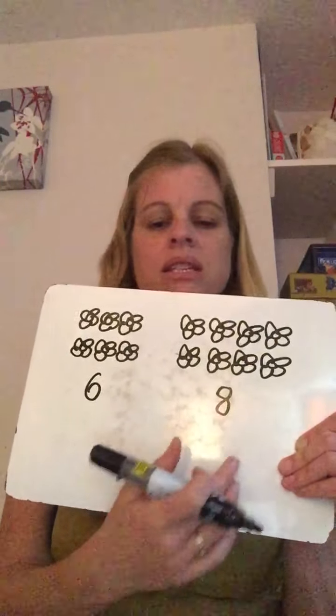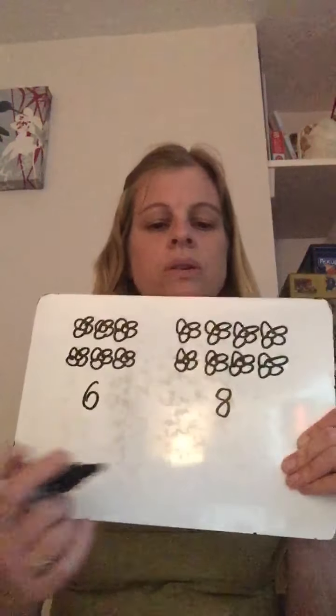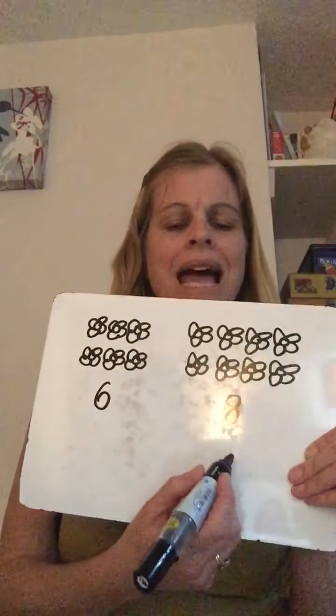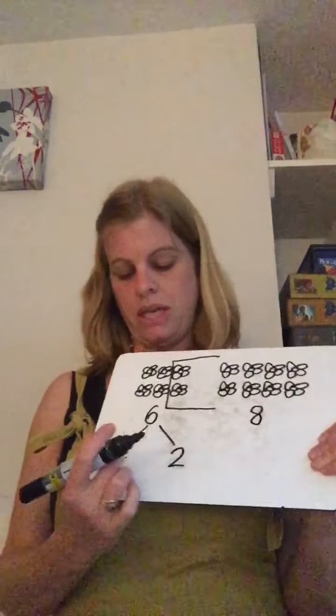Whereas I don't know what the answer to 8 plus 6 is, but if I can turn it into 10 add something, I'm going to be able to do it. So let's think about it. 8 add what make 10? 8 add 2 make 10. So look, I'm going to turn this 6 into 4 and 2, because I know 8 add 2 is 10.